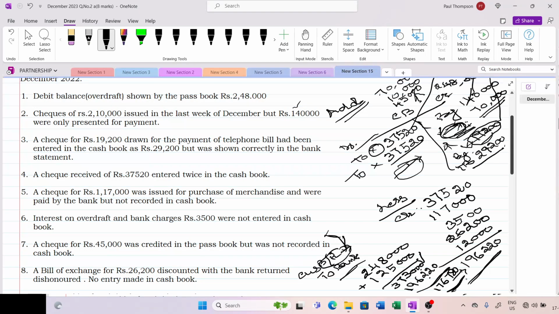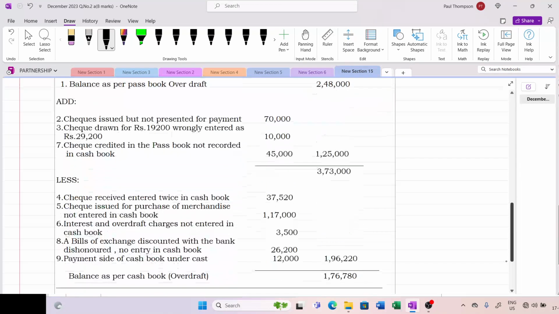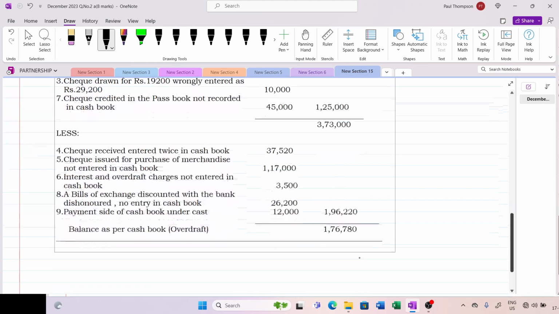So the resultant figure is the overdraft as per cash book. You have to present it like this properly. 2,48,000, add 1,25,000, 3,73,000, less all the items reducing your overdraft, 1,96,220. As per cash book, overdraft is 1,76,780. Hope it's very clear to you.